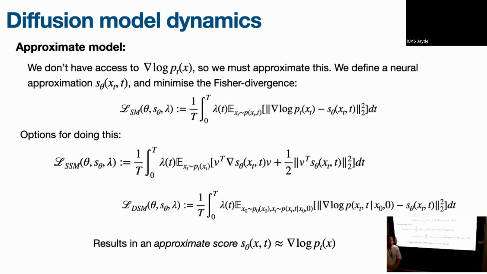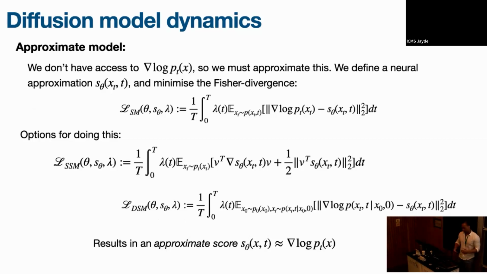Now, obviously, we don't know this, so we can't evaluate this directly, but there are a couple of options, possibly more options, that you can use instead. So this one here is called sliced score matching, and you get it from just writing this expectation in integral form and integrating by parts. This one here is called denoising score matching.